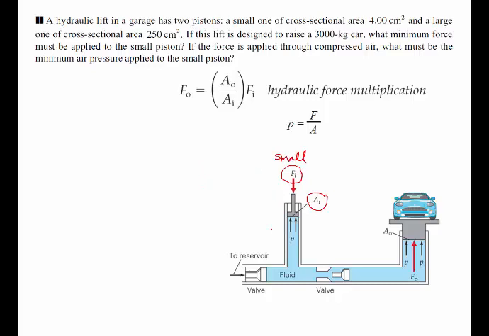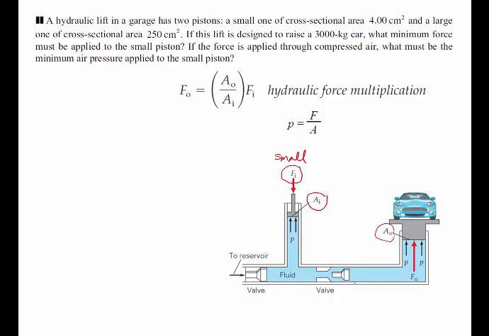By pushing this down, our fluid acts onto our much larger piston, and we can lift our car. Here we have the cross-sectional area of the larger part of our piston, which is where our compression force acts, from the small piston to the larger piston.